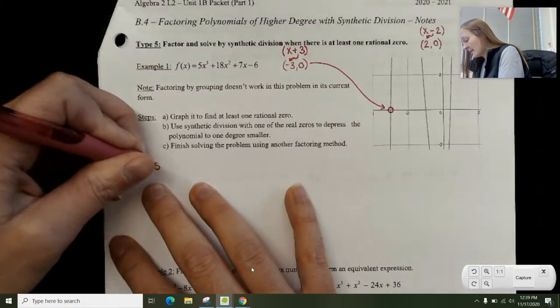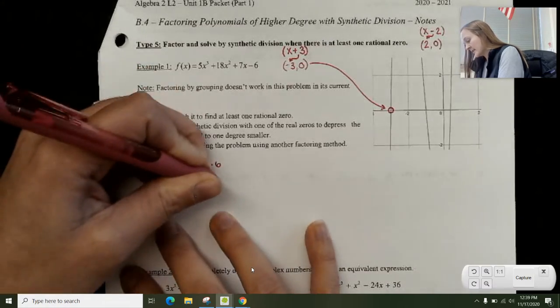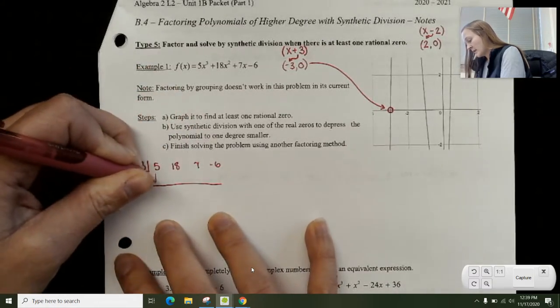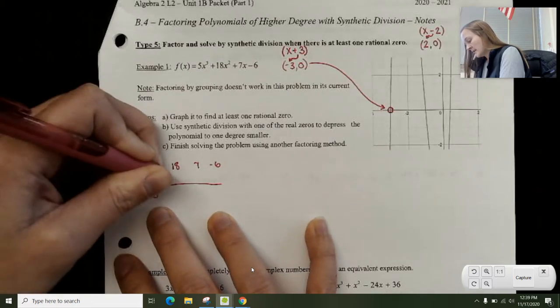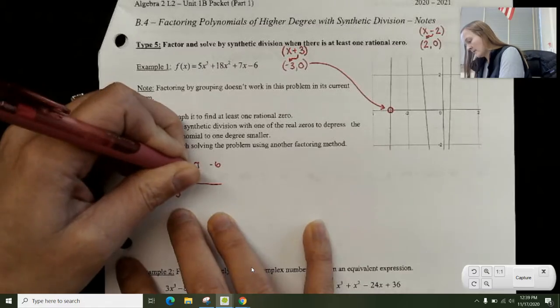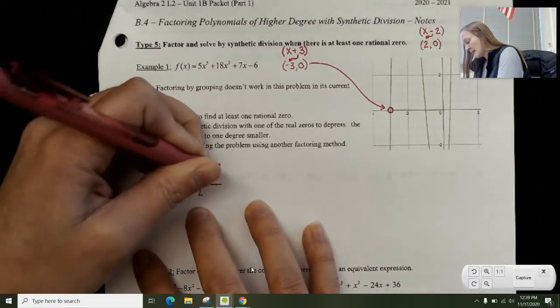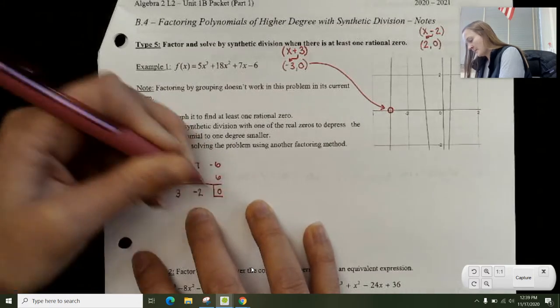So 5, 18, 7, -6. Bring down the 5. This is -15, 3, -9, -2, 6, and then I end in 0.